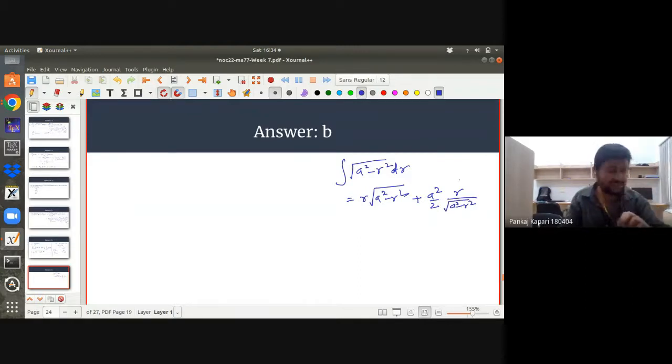Is this correct? There's some tan inverse also. So inverse of tan.